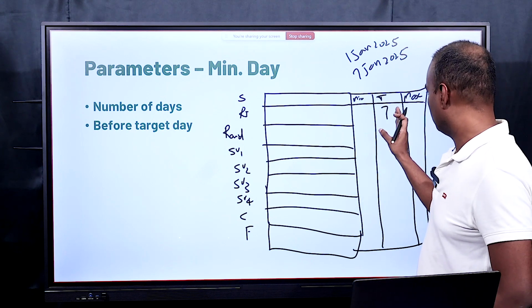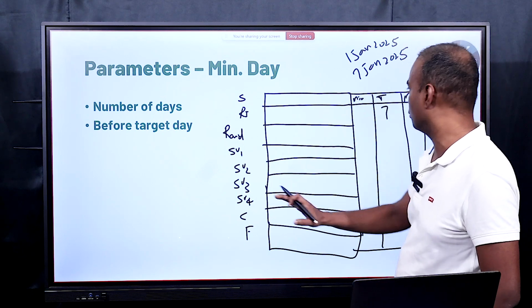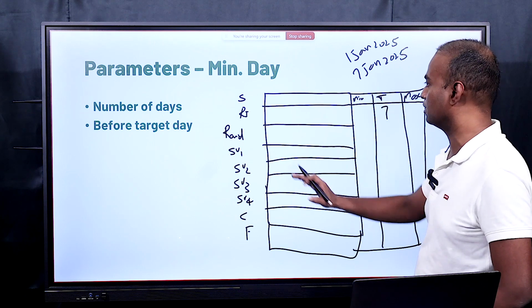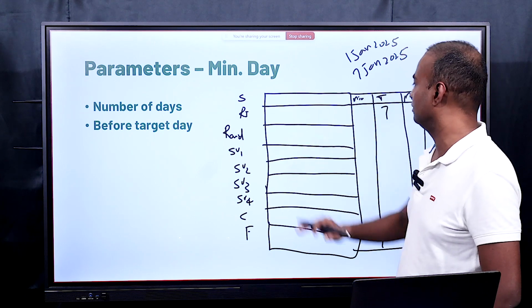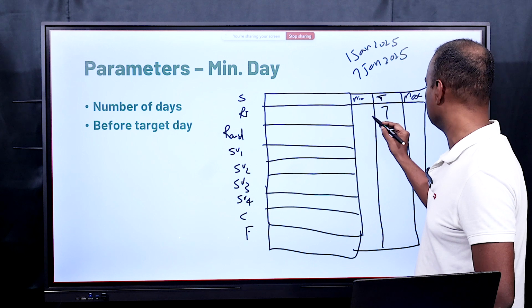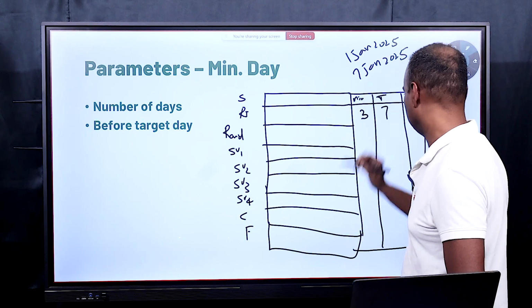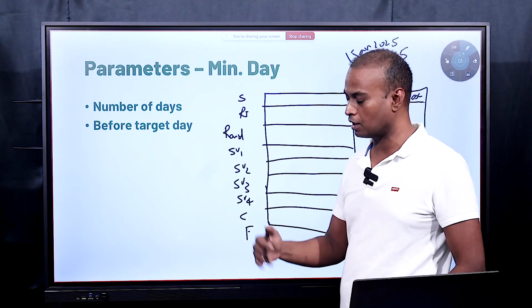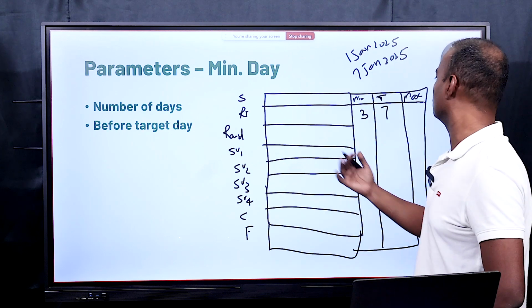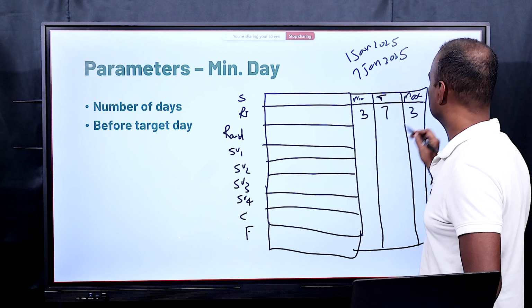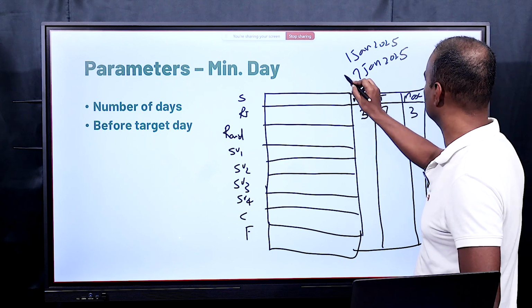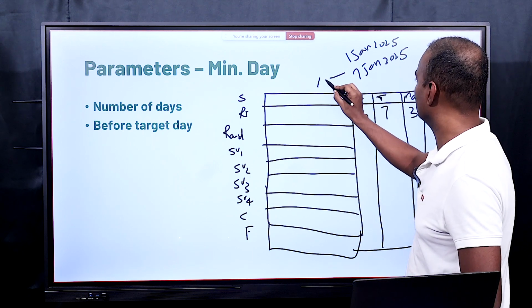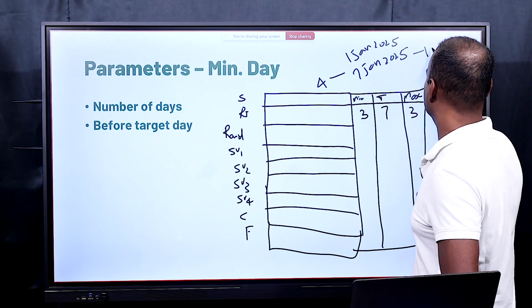How many days before the target visit he can come is known as min day. For example, if I give min day as 3 days. After the target day, how many days is allowed in the system or by the protocol for the patient to come? If I give 3 days, so what is 3 days before this? On the 4th, on 10th Jan.